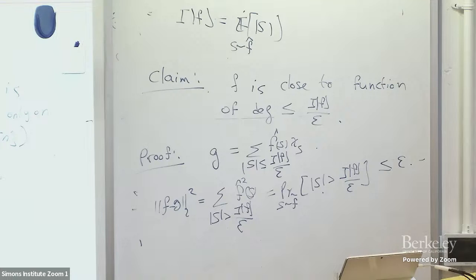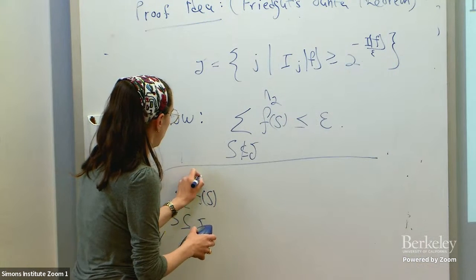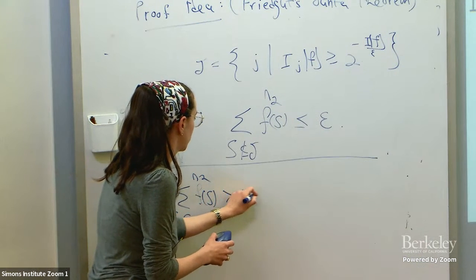So now, let us prove that the min entropy is at most influence squared. From the proof of Friedgut, we know that the summation over all characters that are in J is at least 1 minus epsilon.